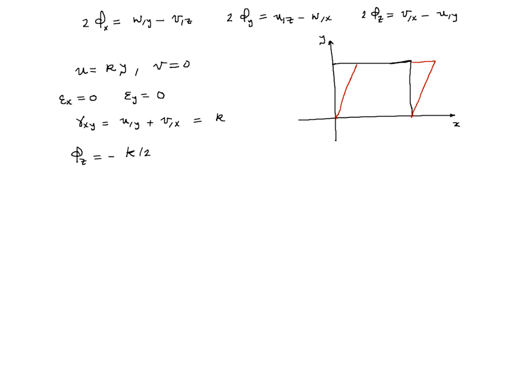So what this means is that if you want to have pure shear with no rotation, we should have had a slightly different displacement field. It should have looked more like this.